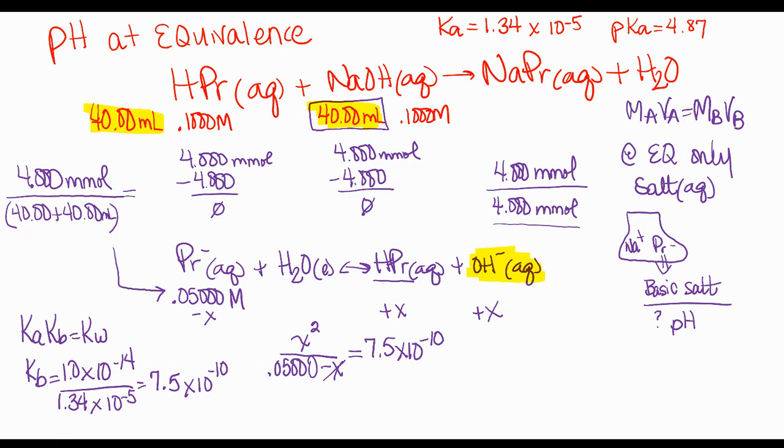So we should get our x value. That's hydroxide ion. I got 6.1 times 10 to the negative 6. Then that gives us a pOH, and then we need a pH.